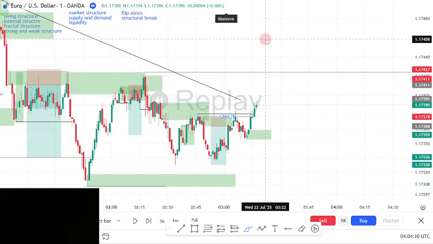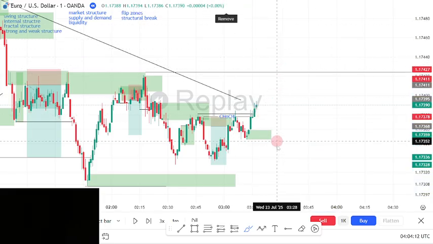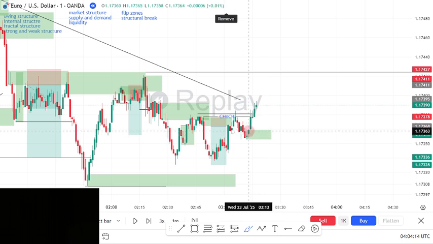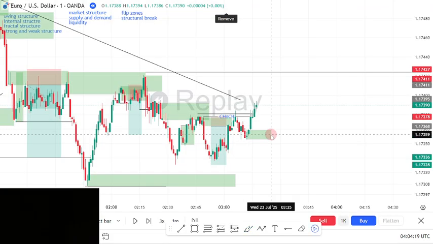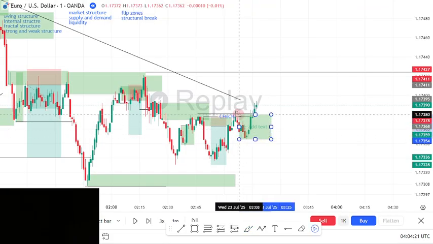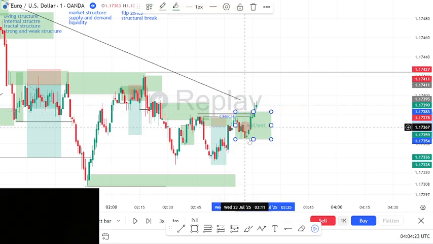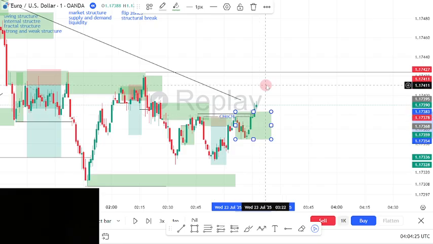But if this one brings about this, then this will be the real signal that the main move is happening. Because if it breaks out, then here will be a valid flip zone where I will expect major moves to take off from. So let's see.